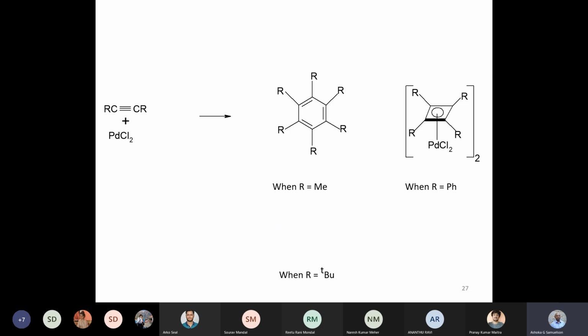Now I want to talk about another insertion reaction, which is in fact a little more complicated, where I have multiple insertions of alkynes. One of the questions that was posed in the beginning of the lecture was, can I have multiple insertions? The answer is yes. Multiple insertions do take place.